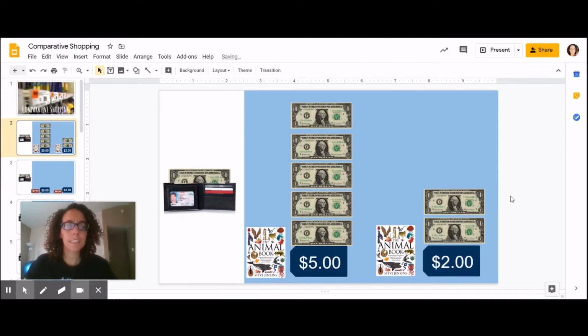Now we have to see which group is smaller. We can see these $5 make a big tower up high, but this $2 one only makes a smaller tower. Which tower is smaller? Which cost is less?